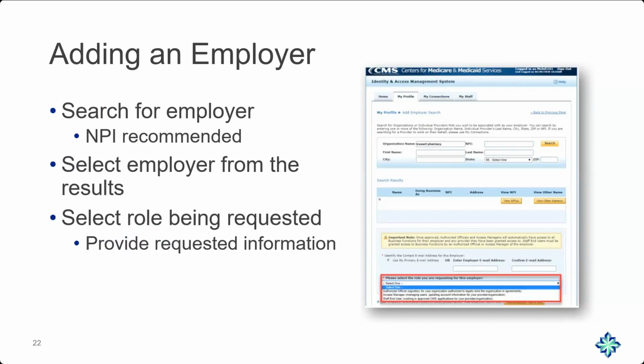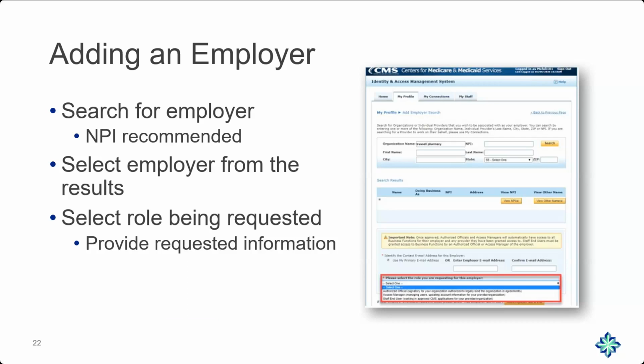You have a few options. You can look up their name or their NPI. I recommend NPI. That's usually the most direct route, but you have all of those options, and then the search results will show them. It's been removed for privacy reasons here, that's why it's blank, but it will show you which ones. From there, you can actually view other names if there's a DBA that you have to have.